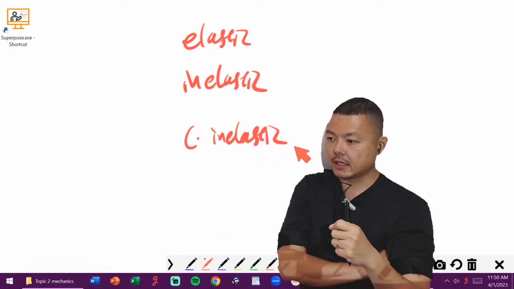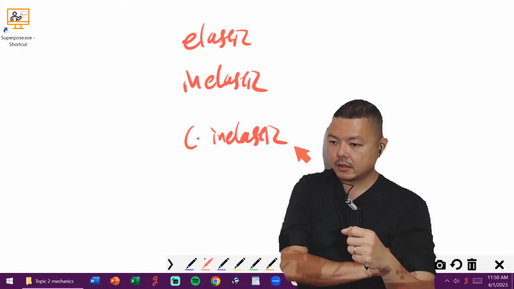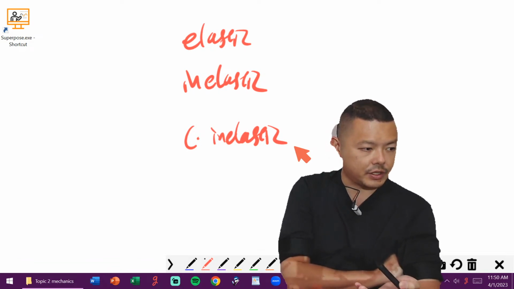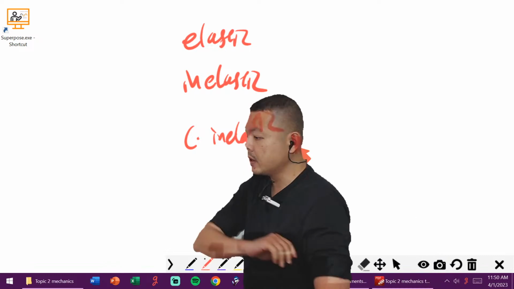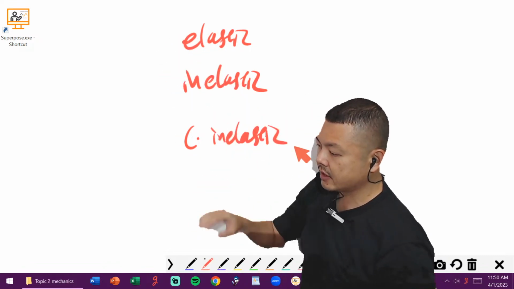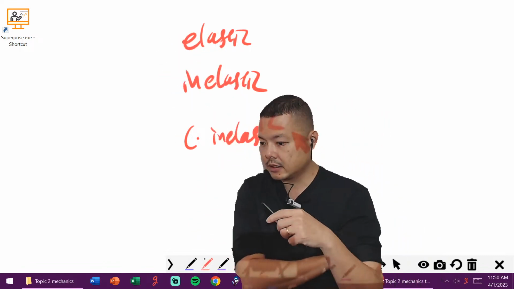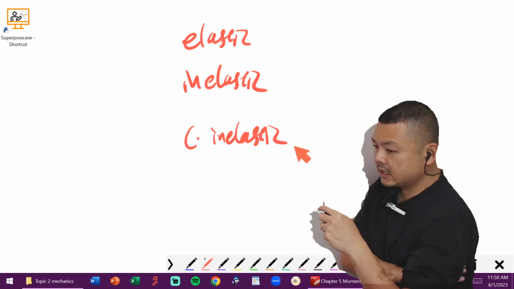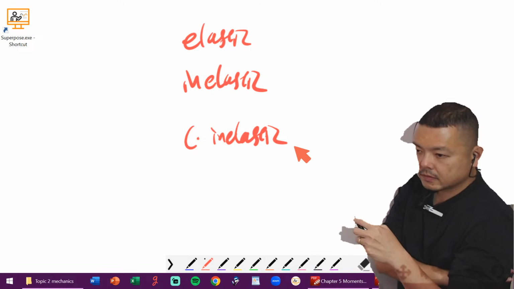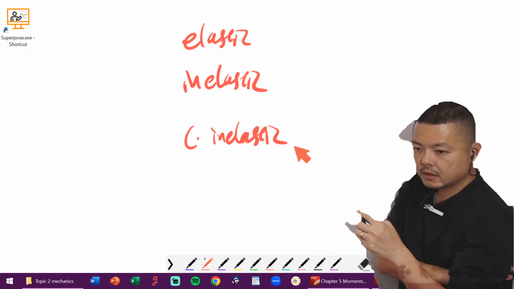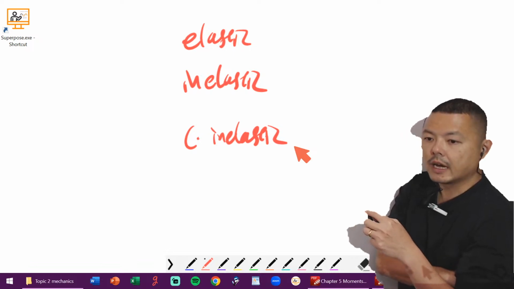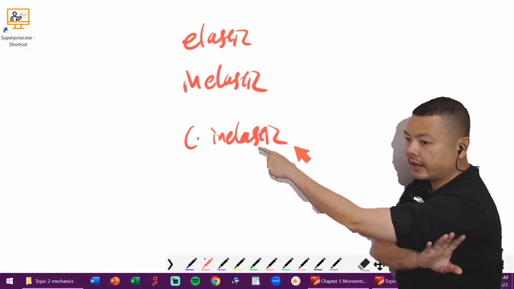Total kinetic energy is not conserved. It's as straightforward as that. So elastic is conserved, inelastic is not conserved. How about completely inelastic? They're stuck together after they collide.